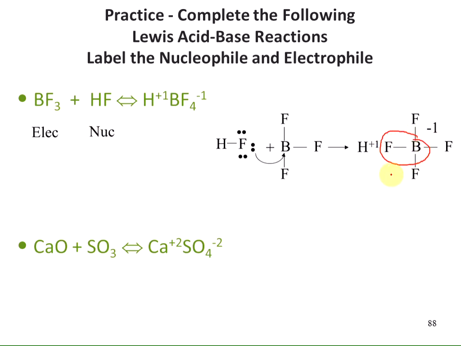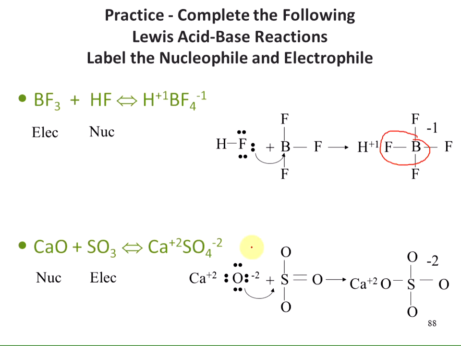In the reaction of calcium oxide and the SO3 sulfur trioxide, if we draw the Lewis dot structure of the SO3, this has a trigonal planar geometry, and this is sp2 hybridized. And the calcium oxide, think of that as ionic, so calcium 2+, and the oxide has a 2- charge, so it has a full octet around the oxygens.